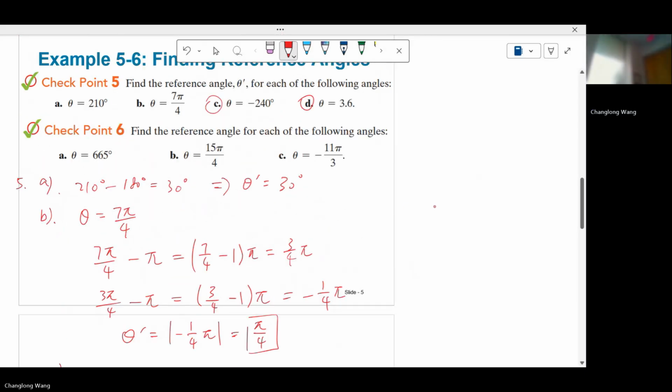Letter C, yeah. And the way you can tell whether you did it right is ask yourself, did you get a positive acute angle?